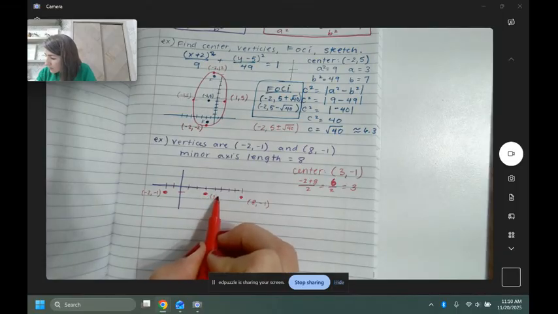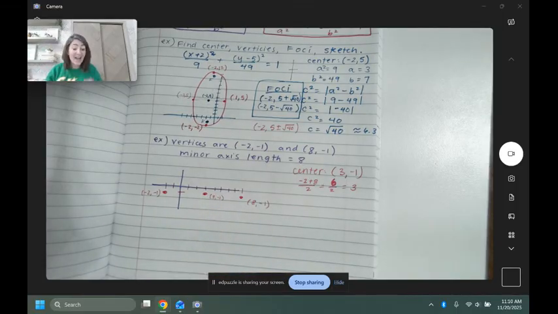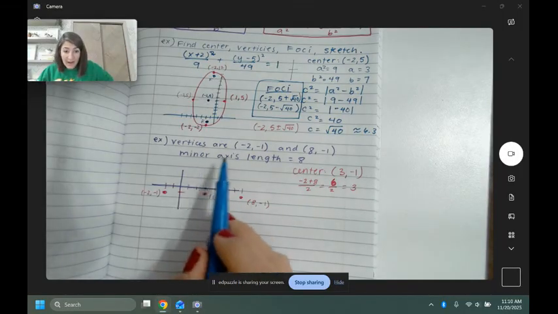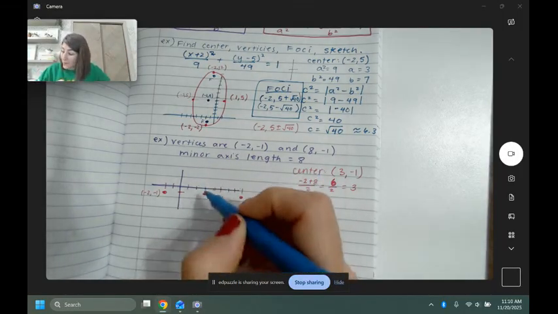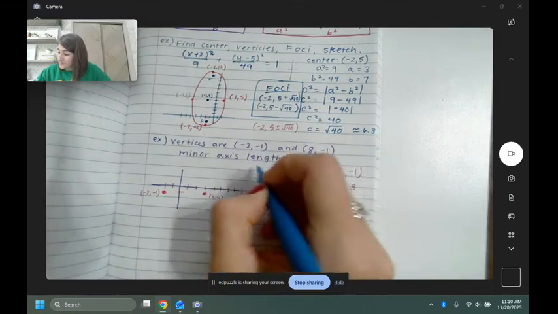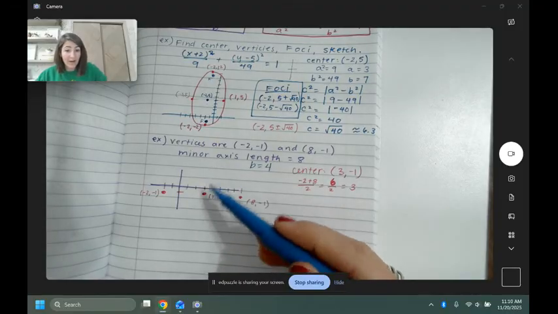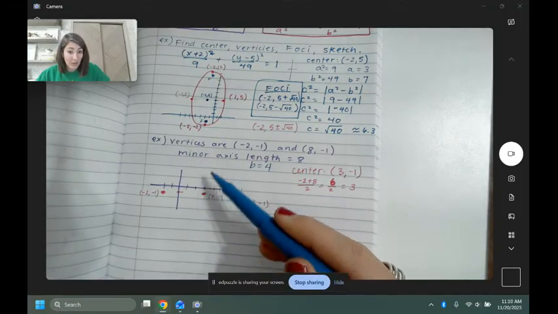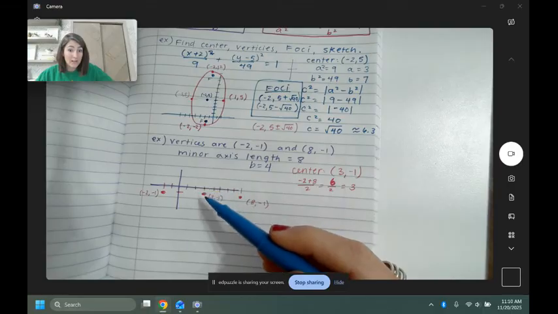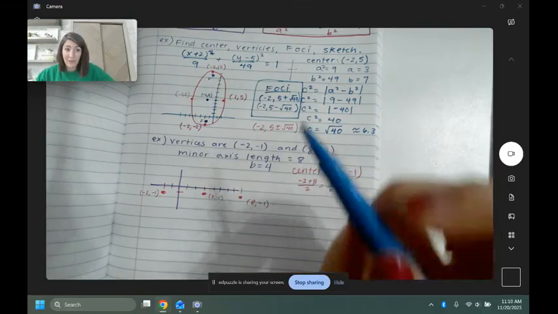So right there. And from that, I can use my other thing that I know. The minor axis length is 8. So I know B is 4. Because if the whole length of the minor axis is 8, then B is going to be up 4 in this direction and down 4 in this direction.